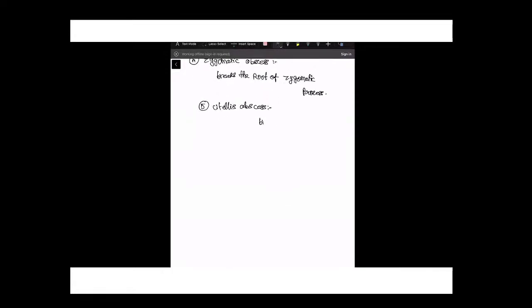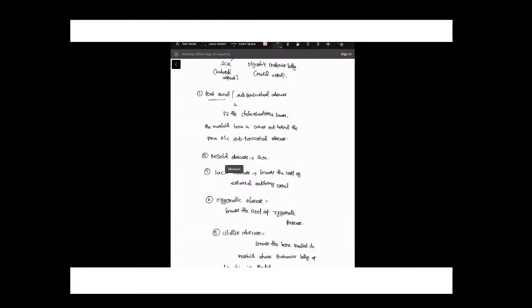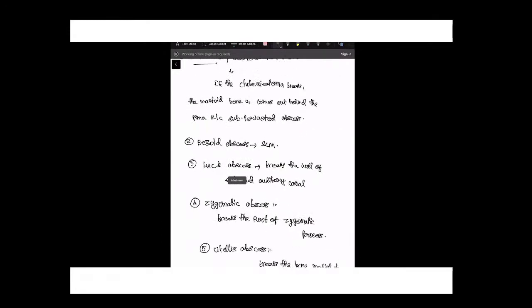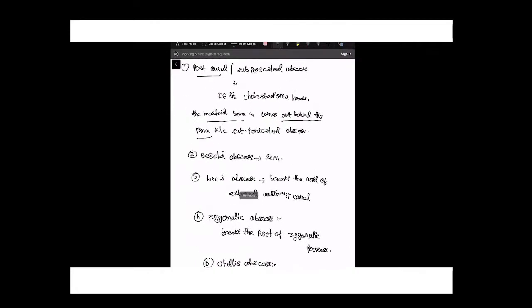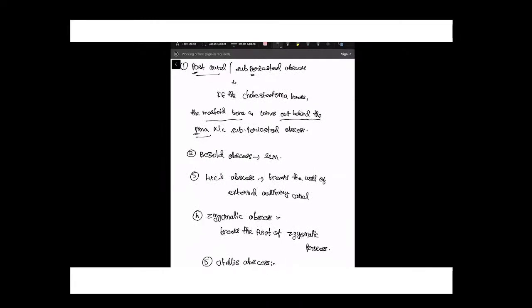If the cholesteatoma breaks the bone medial to the mastoid, where the posterior belly of digastric is attached, this is Citelli's abscess. So, a short recap: postaural is where it breaks the mastoid bone and comes out behind the pinna, postaural, subperiosteal abscess.